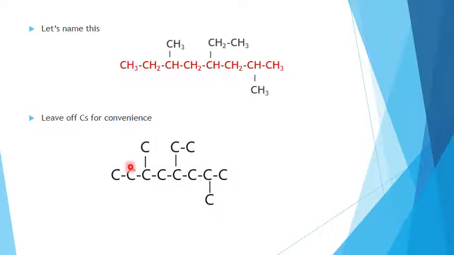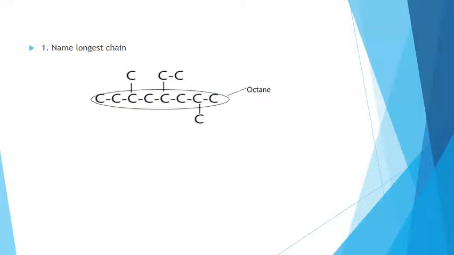So this is sort of a skeletal picture of this structure. So you find the longest chain: 1, 2, 3, 4, 5, 6, 7, 8, just like the one before. Then you can try different versions, go up, down, and so forth. You find that this is the longest chain. So this again is an octane.